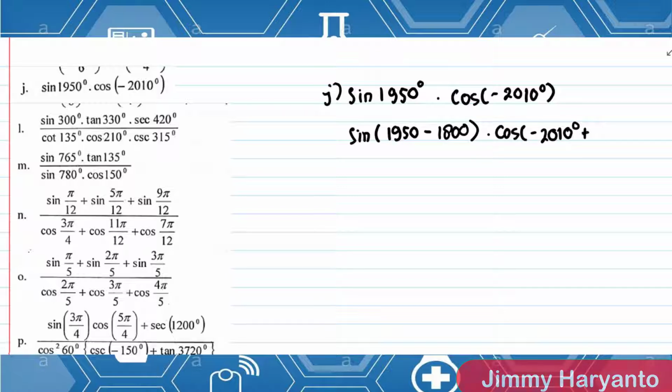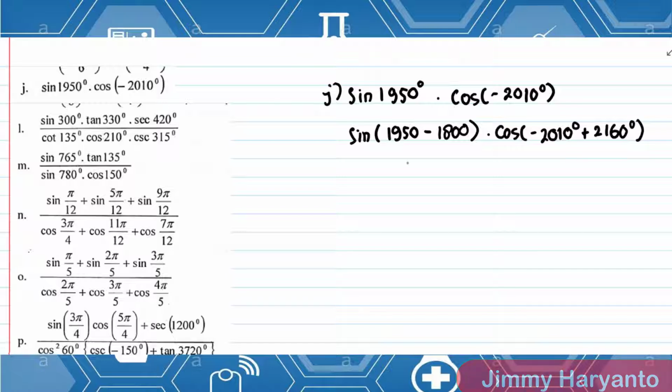We have to add maybe 180 to 2160, because 2160 is a multiple of 360.